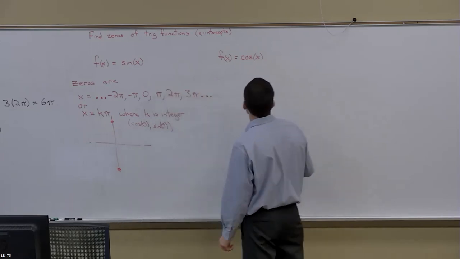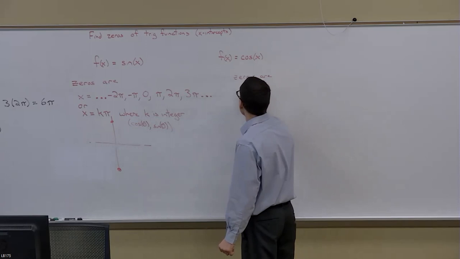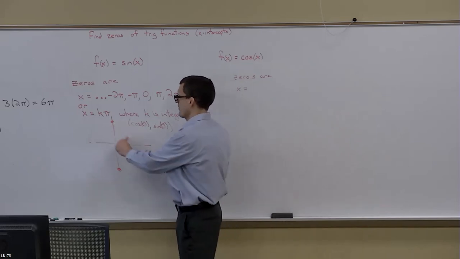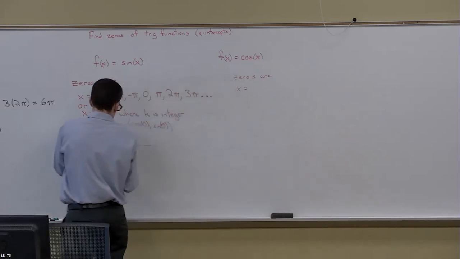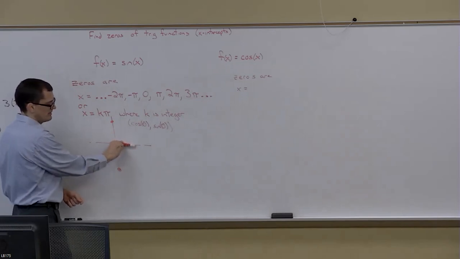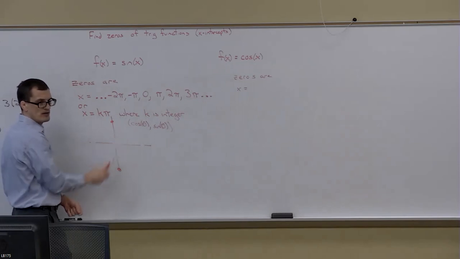We've got a lot of things going on. But when are the inputs giving us 0? Well, when the angle is pi over 2, when the angle is 3 pi over 2, when the angle is 5 pi over 2, when the angle is 7 pi over 2, and we could have also gone negative pi over 2, negative 3 pi over 2, negative 5 pi over 2, negative 7 pi over 2, et cetera.